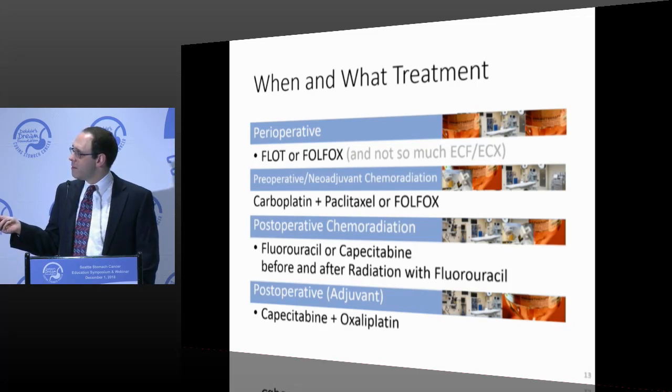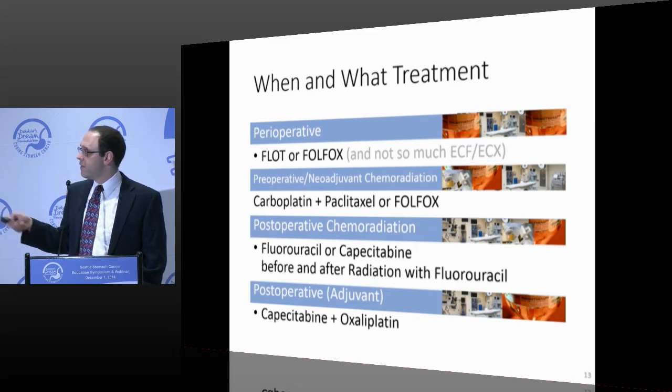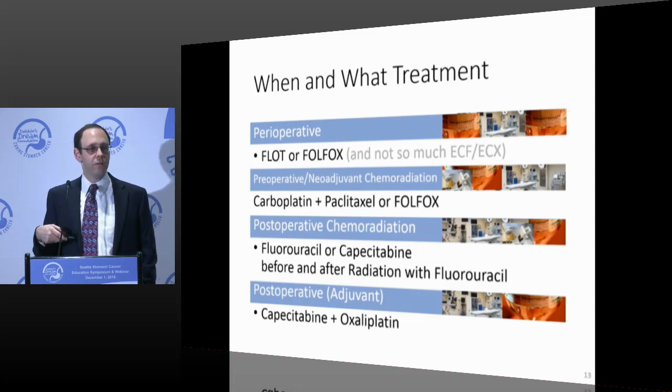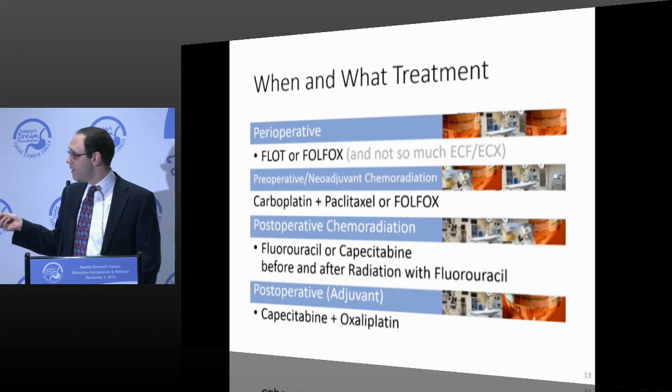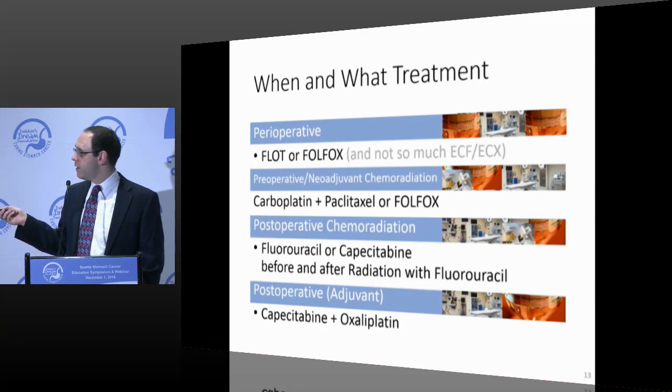And the regimen there is usually something called carboplatin plus paclitaxel, though there is also data for this regimen called FOLFOX. From my world, it's all chemotherapy, but in truth, in this setting, I think radiation is doing most of the benefit, and the chemotherapy is just making the radiation work better. And then that's usually done first, and then you would get surgery afterwards.